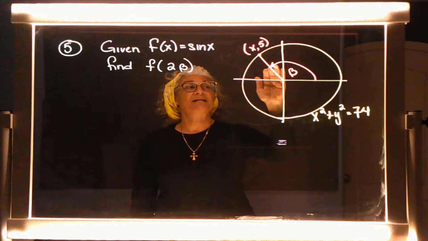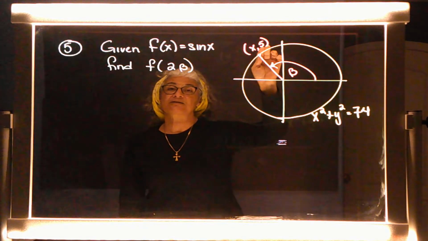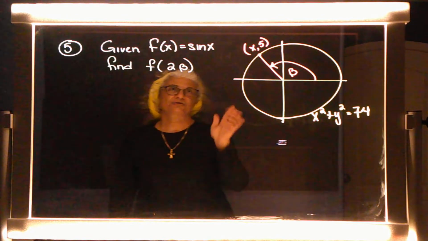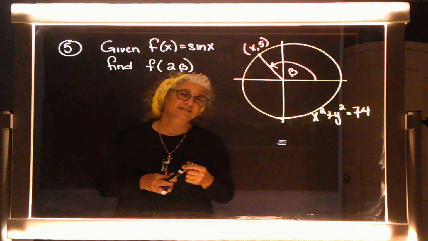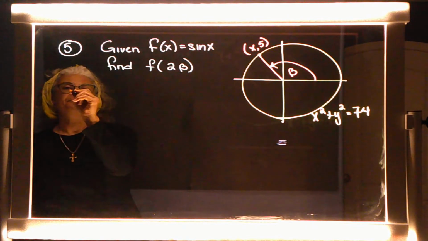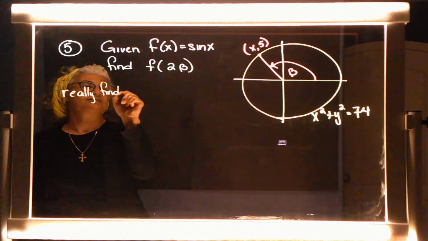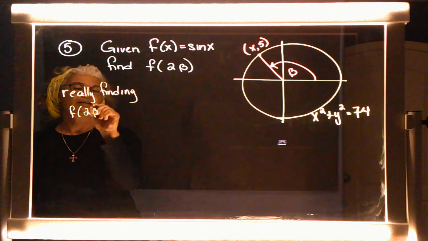They told me beta was in the second quadrant, and they gave me this point (x, 5). Okay, so let's think about this a second. What are they asking me to find? You are really finding f of 2 beta, right?